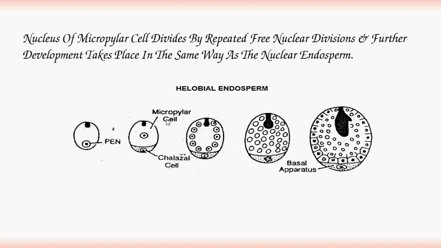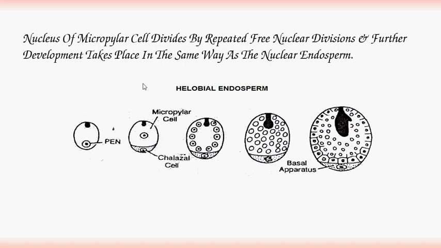And the nucleus of this micropylar cell undergoes free nuclear divisions like the first type. So a number of nuclei are formed and a vacuole is developed, then they are pushed to the periphery, and these peripheral nuclei undergo cytokinesis and finally become cellular endosperm tissue.